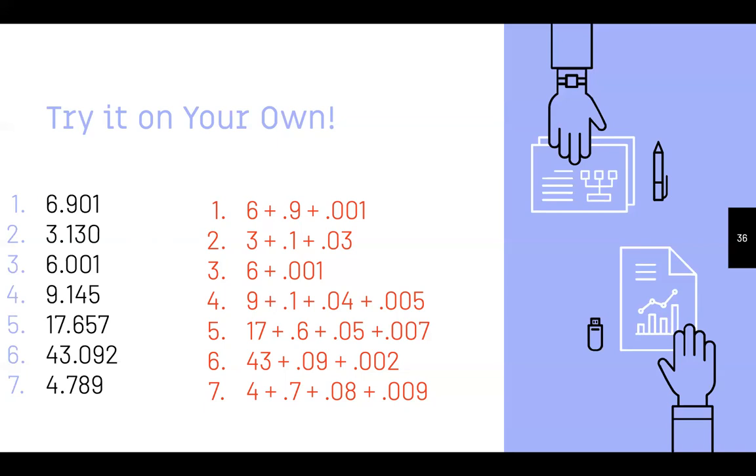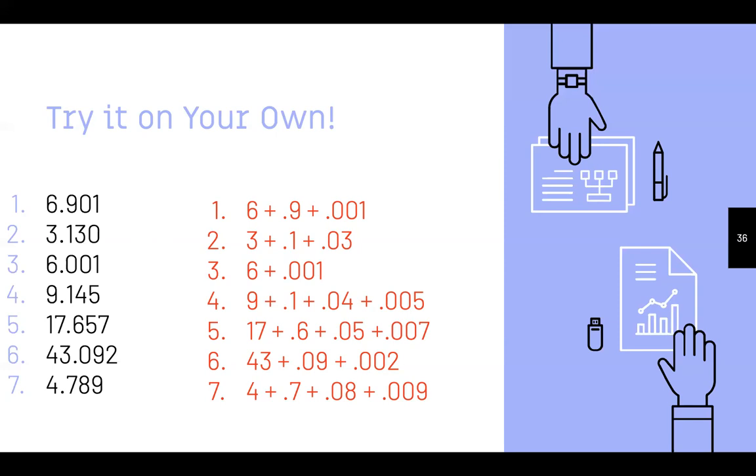Looking at 4 and 5, we have the whole number, the decimal point, starting off with the 10th spot, 1, 100th spot being 4, so 0.04, and then 1,000 spot being 0.005. Same for 5. 17, decimal point starts.